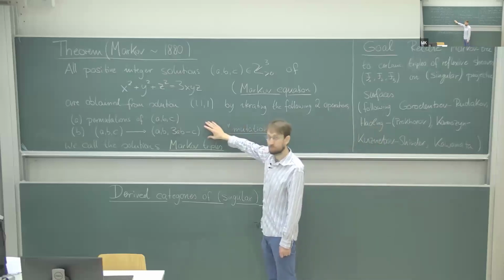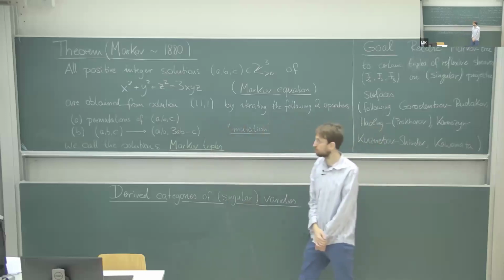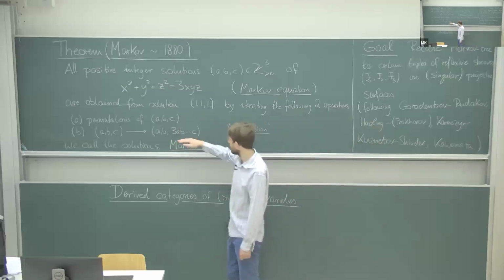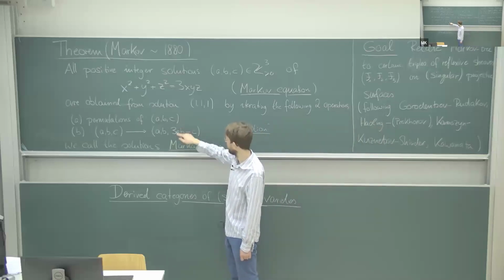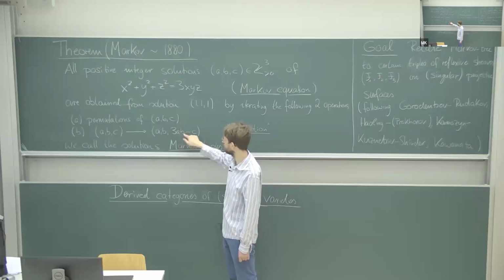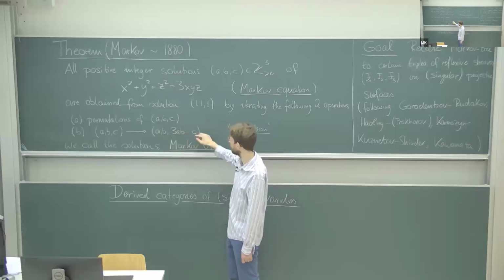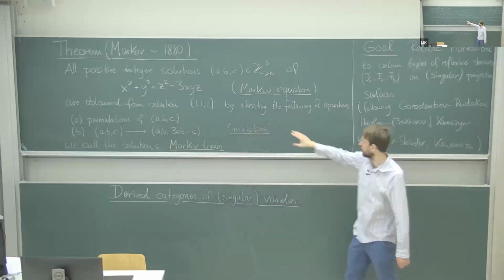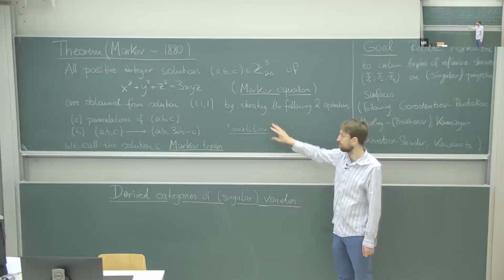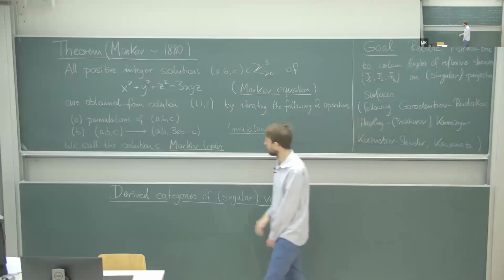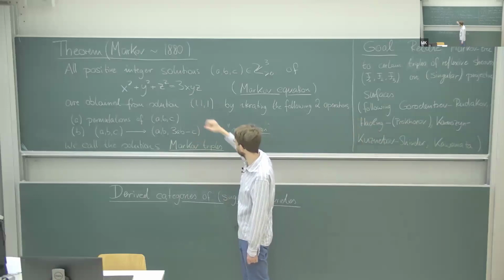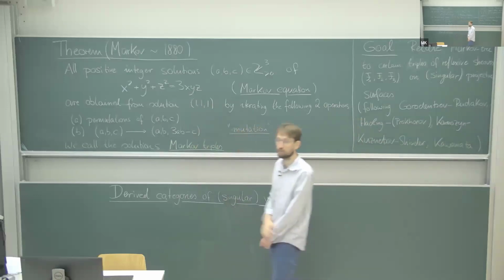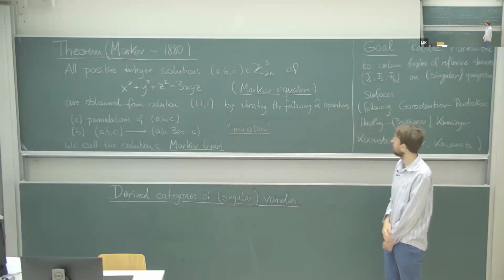The second operation is called mutation. There we replace one entry by 3 times the product of the other two entries, minus the entry that we want to replace. This operation is known as mutation. All the solutions can be obtained in this way, and these solutions are known as Markov triples.